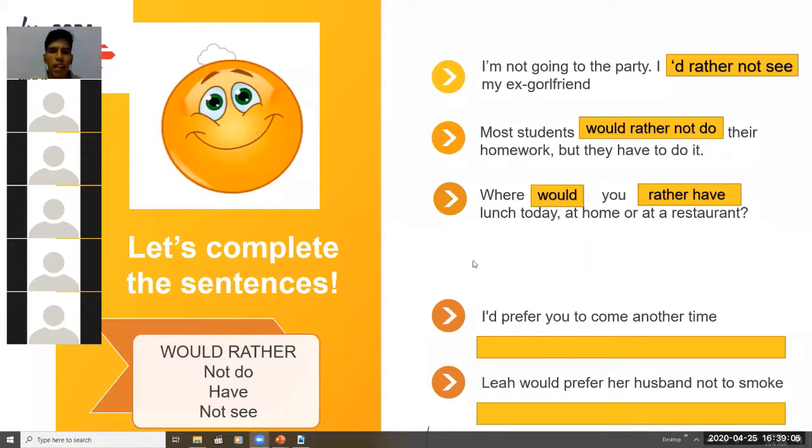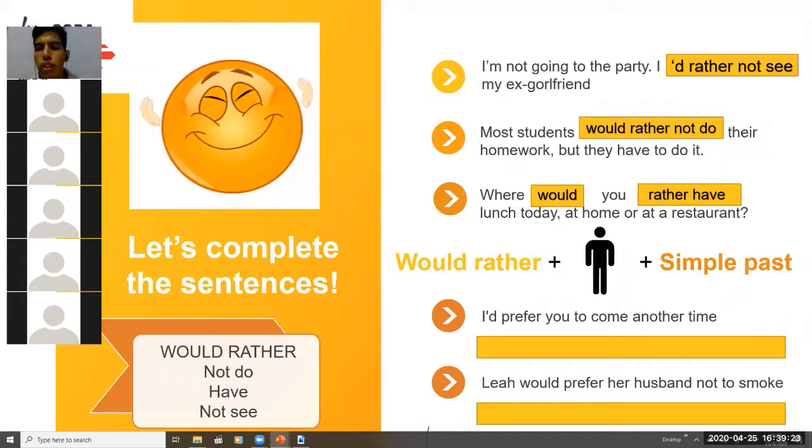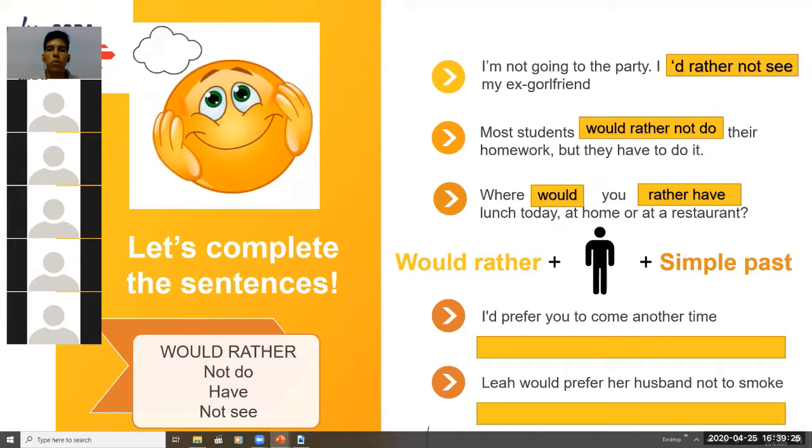Now we have another exercise, which is about the second use of would rather. Would rather plus a subject plus simple past. So we have to make the transformation of these sentences using this pattern. We have, I'd prefer you to come another time. And Leah would prefer her husband not to smoke. So how do we express that using would rather plus subject plus simple past?